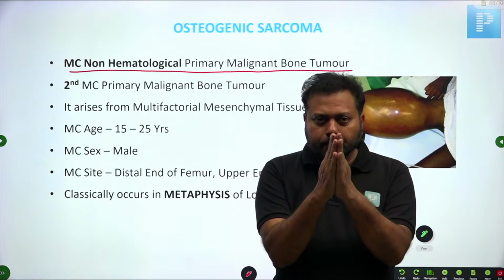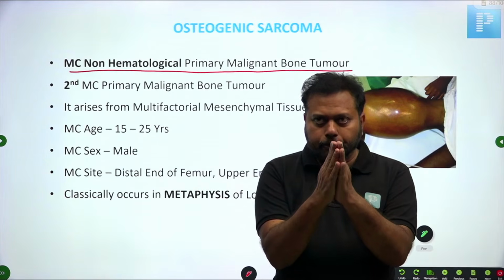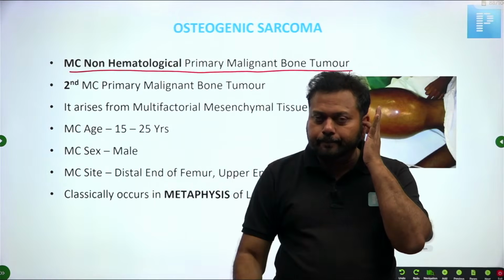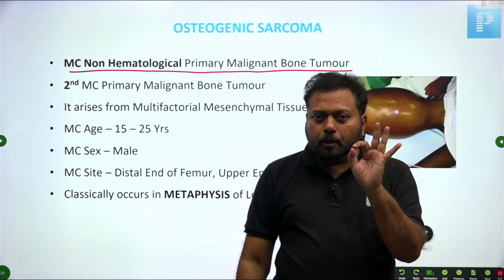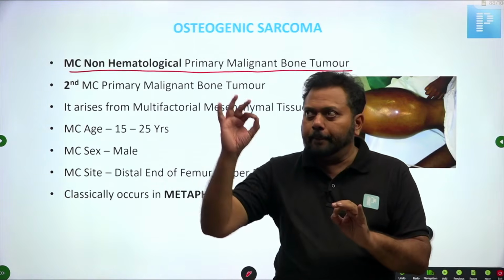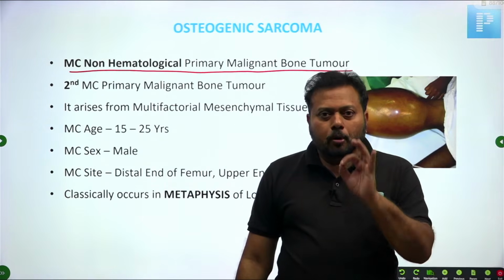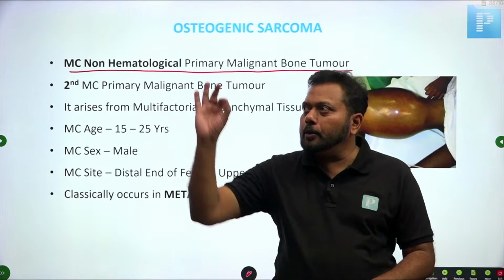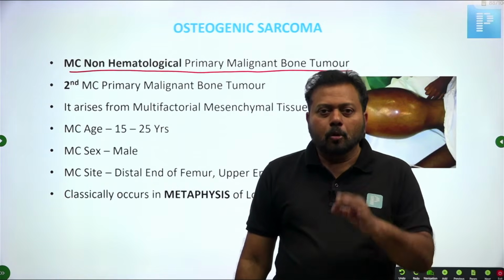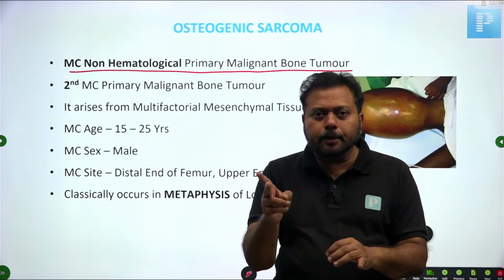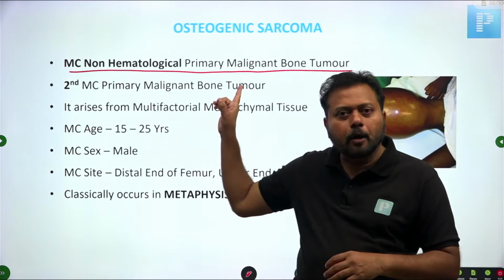Most common bone tumor, secondaries. Most common primary malignant bone tumor, multiple myeloma. Most common primary benign bone tumor, osteochondroma. Most common primary non-hematological malignant bone tumor, osteogenic sarcoma.